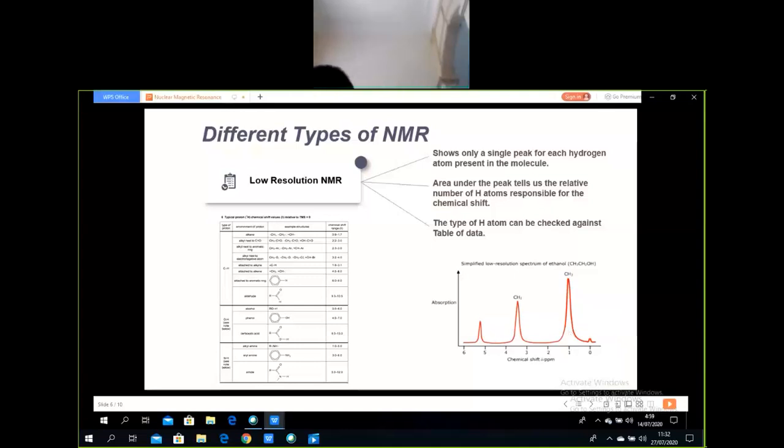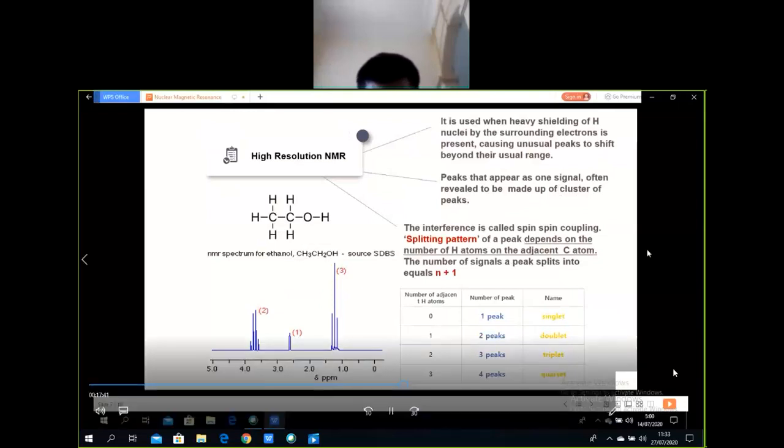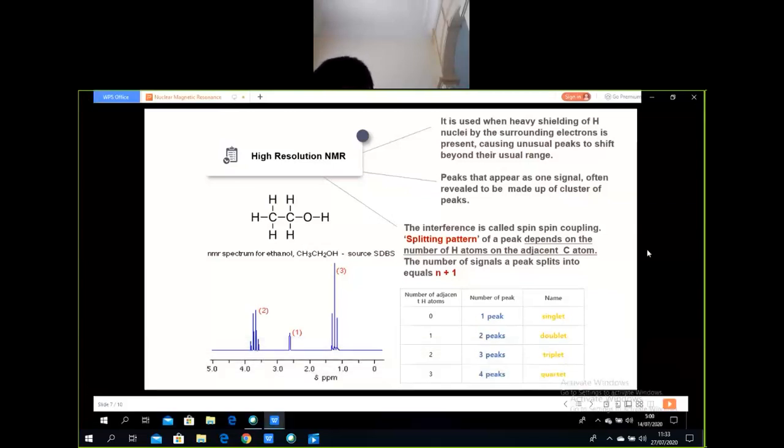Okay, and then for high resolution, instead of making one single peak, high resolution will give the shift over ranges, and the ranges for different types of hydrogen atoms do overlap.